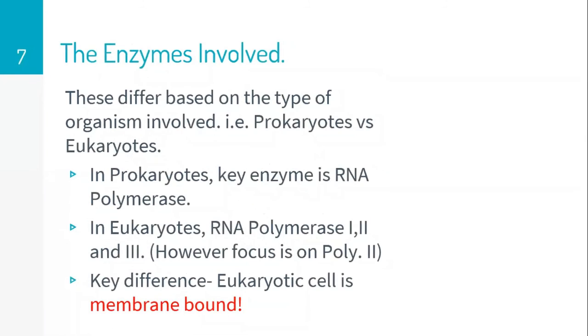So I made mention here about the enzymes that are involved for the different types of organisms that exist. You have the prokaryotes and you have eukaryotes. In the case of the prokaryotes, you have RNA polymerase doing the vast majority of everything. It will ensure separation of the strand, and it will do the elongation.